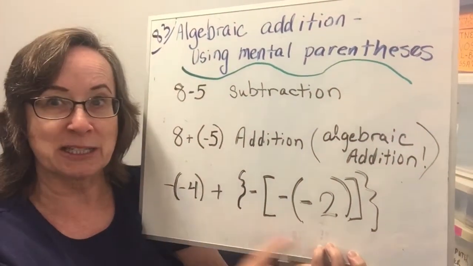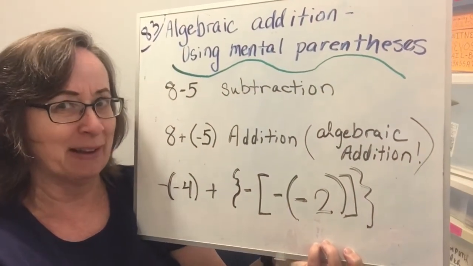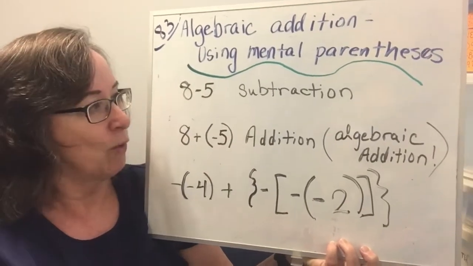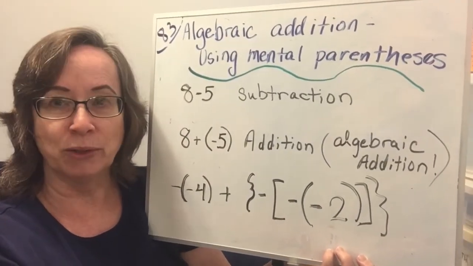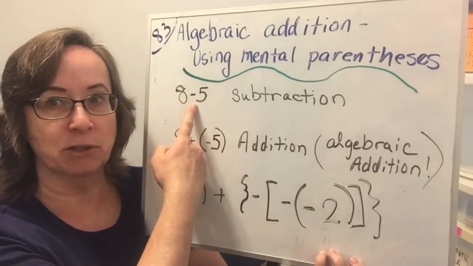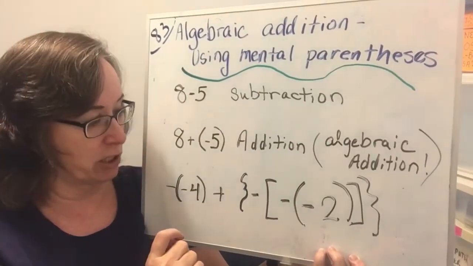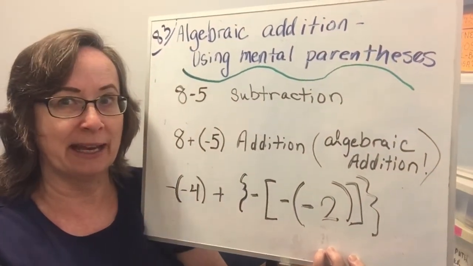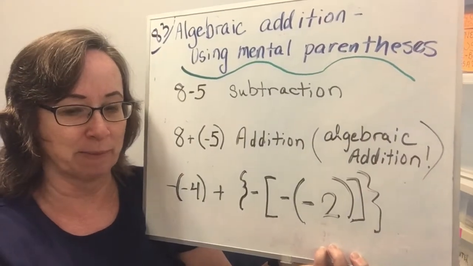But we're not doing this one today. This is just an example of what's going to come. We need a rule that's going to turn subtraction into addition so that we know how to handle these more difficult problems.